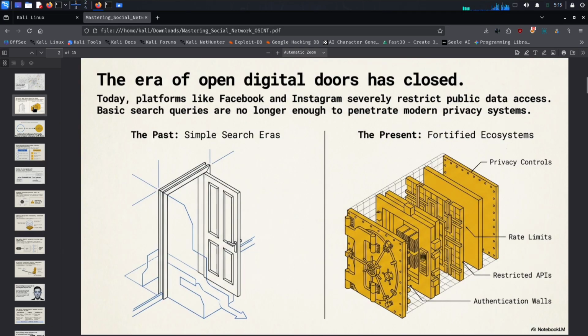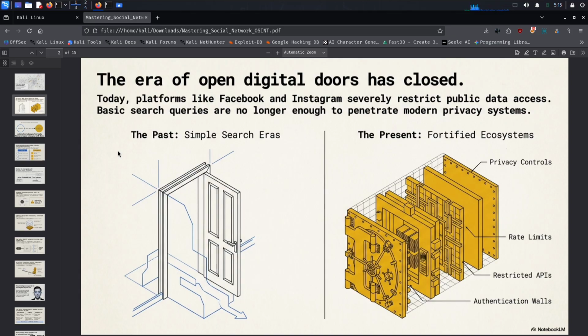Investigators may need to use more advanced search techniques, search engine operators, different sources, and cross-platform correlation to find information that is already publicly available. And sometimes, the information we're looking for may exist in third-party databases or breach-related datasets. But there's an important distinction here. Not every piece of information found in a breach or leaked dataset is legally or ethically appropriate to access or use.